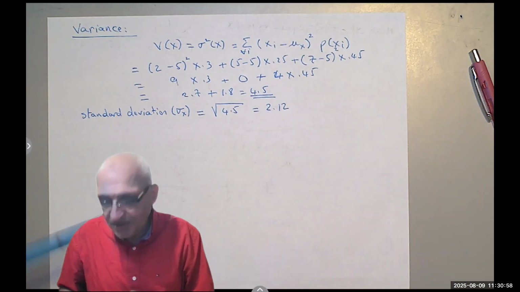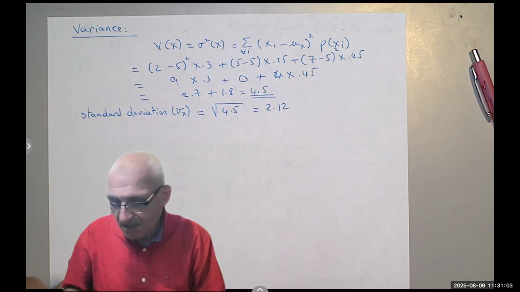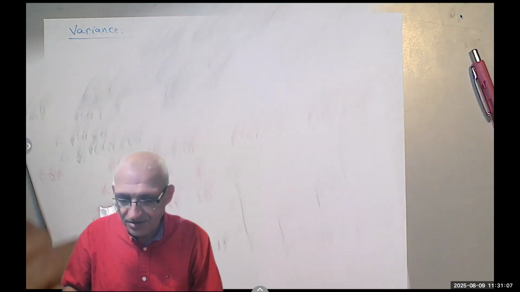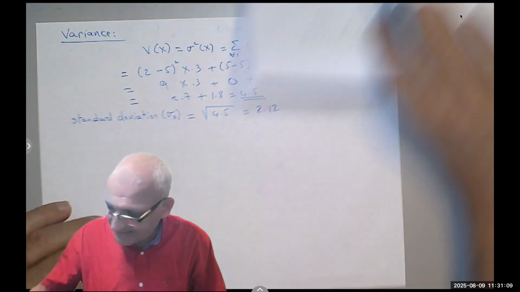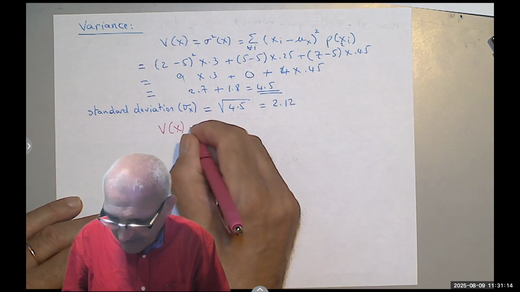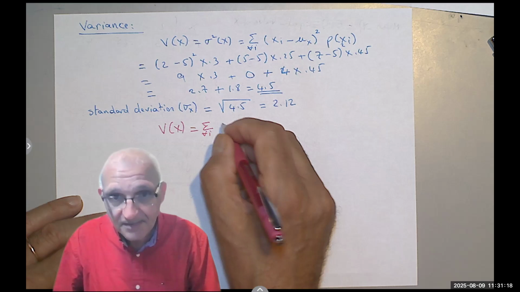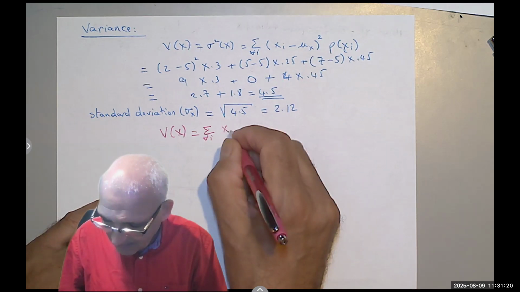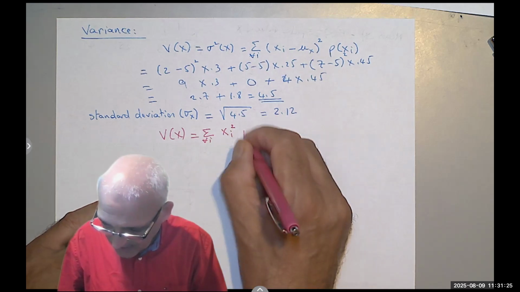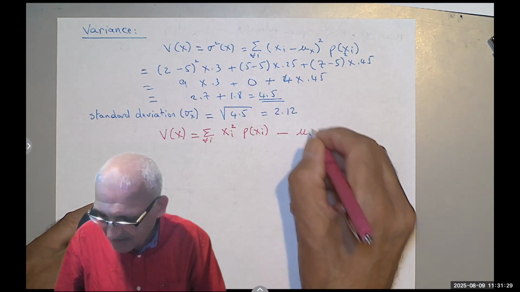Now I'm telling you there is an easier formula, especially if the x's are integers like that. And that formula for V of x is the summation for all possible values of i of x sub i squared times the probability of x sub i, minus mu sub x squared.